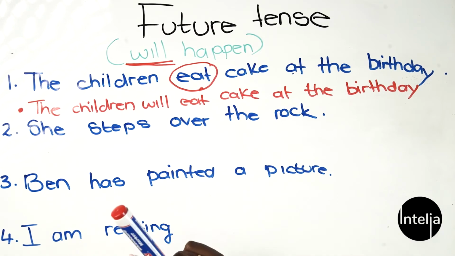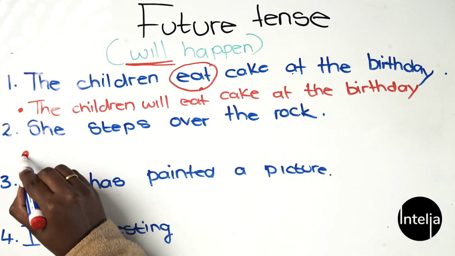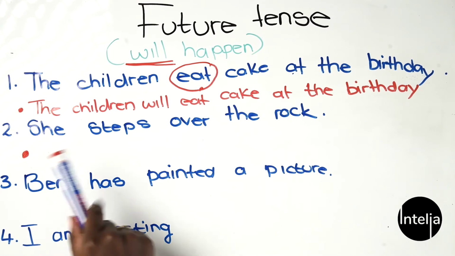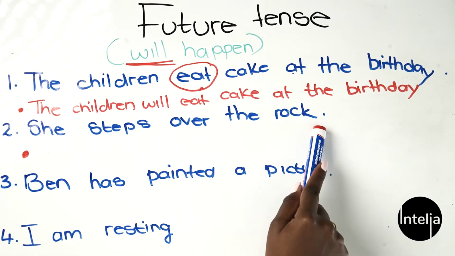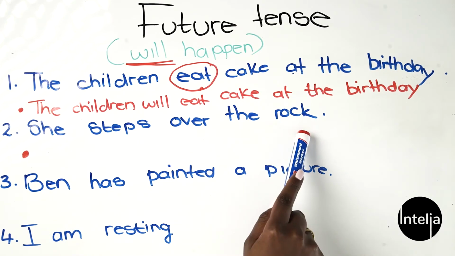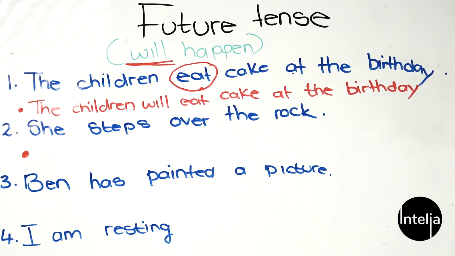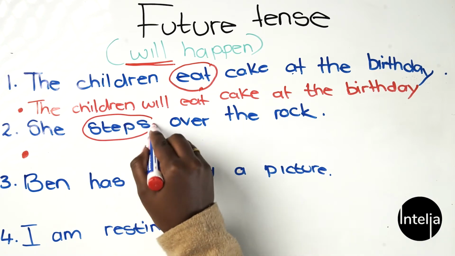Awesome. Let's move on to number 2. She steps over the rock. Let's say that again. She steps over the rock. What's our verb in this sentence? That's right. Our verb is steps.